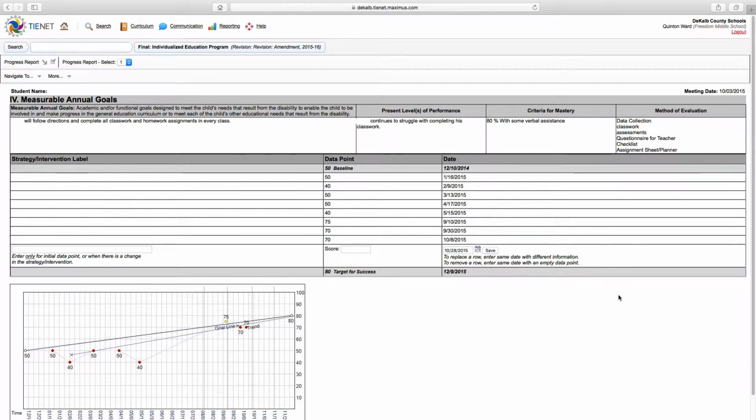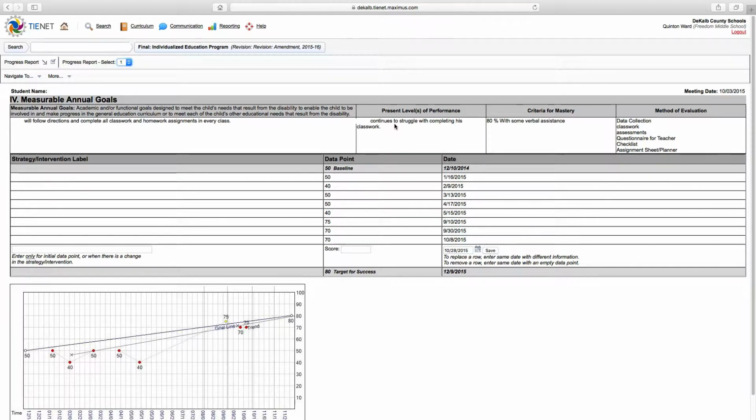Now this is a progress monitoring page of a particular student, and notice that this particular student has 3 goals. On the first goal, let's look at the measurable annual goal. This student will follow directions and complete all classwork and homework assignments in every class.